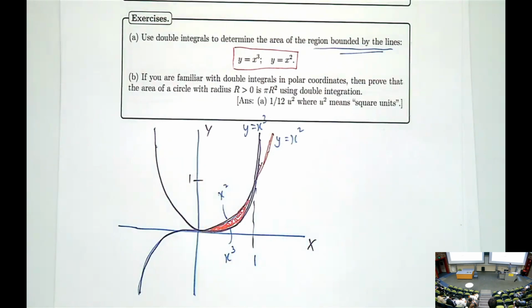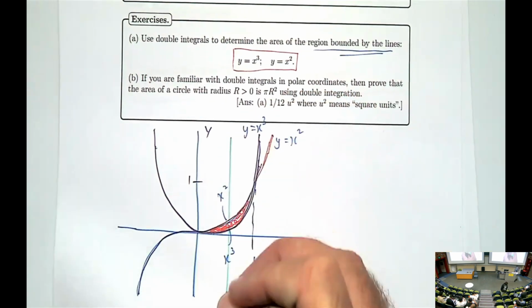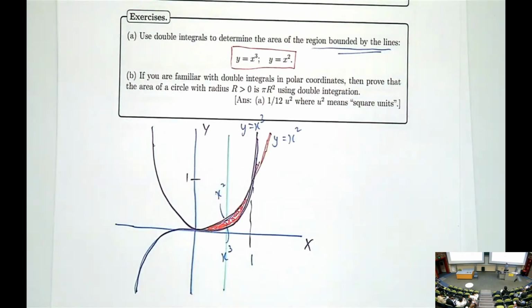All right, so this is obviously a difference of two areas, high school maths. But let's actually think about how we set up the region. So I'm going to go with a vertical line.